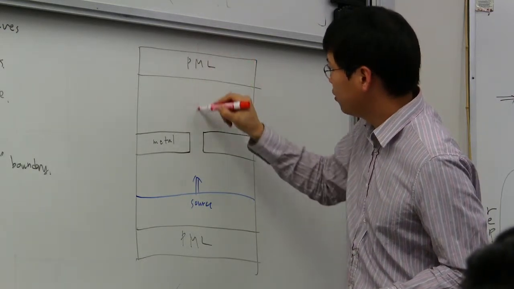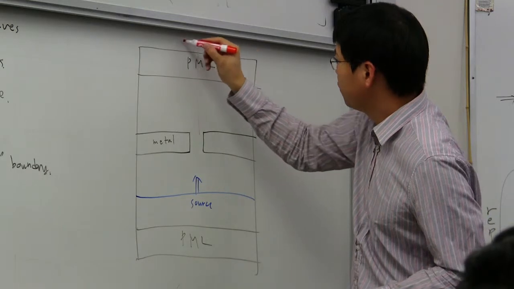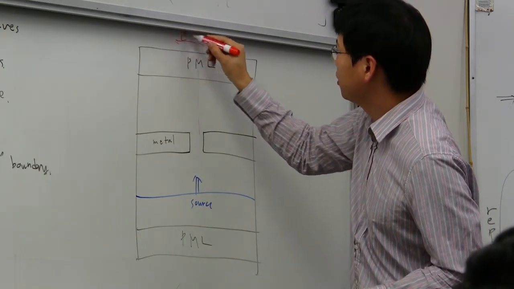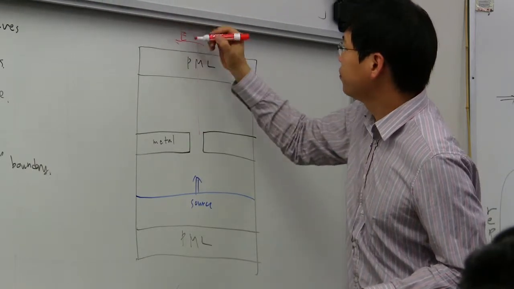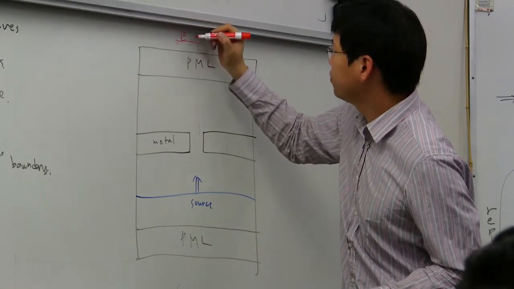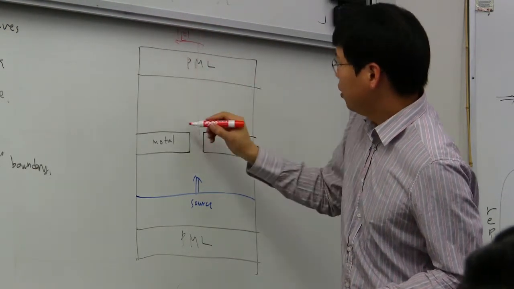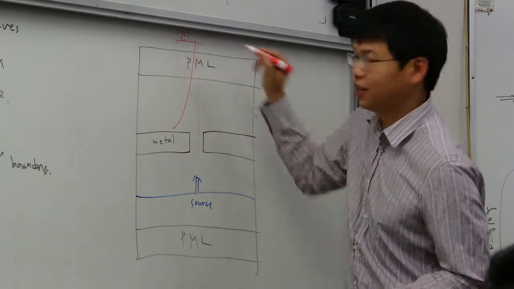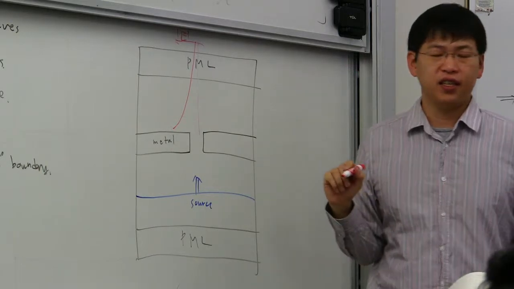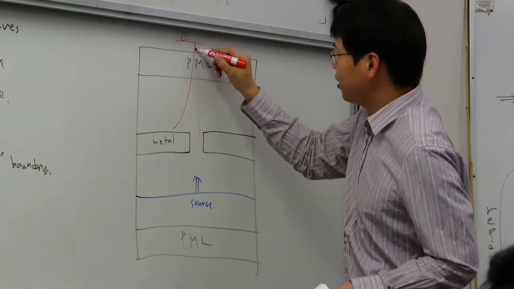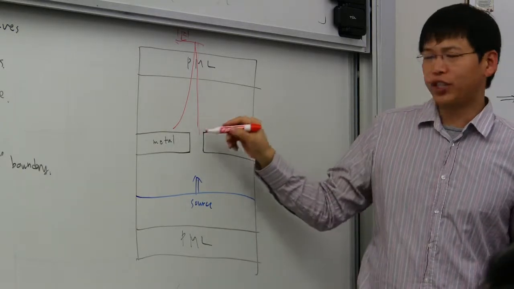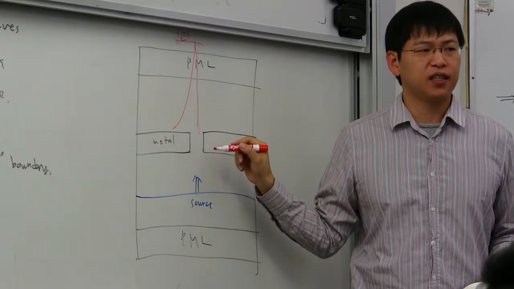If we draw the field amplitude here, the near field generated here gets extended into the PML without any decay, and gets reflected, and reaches the slit again.